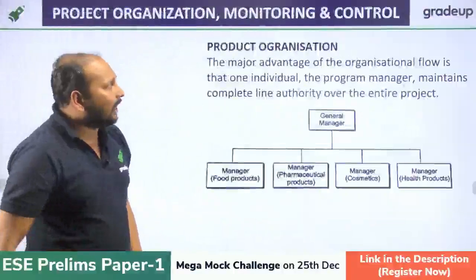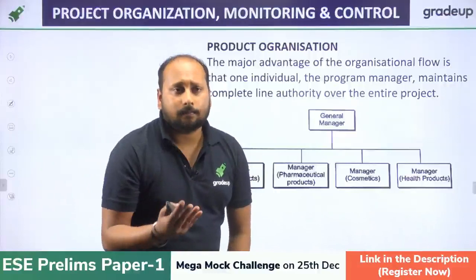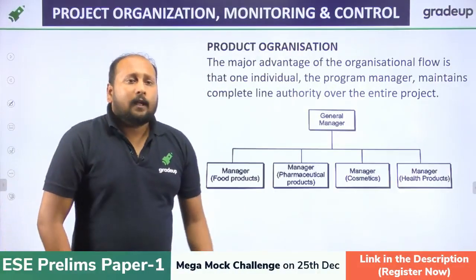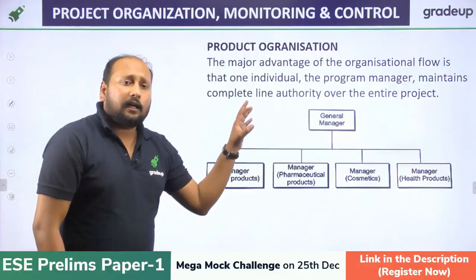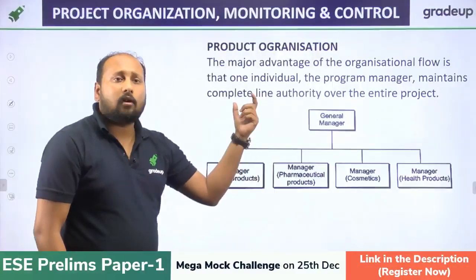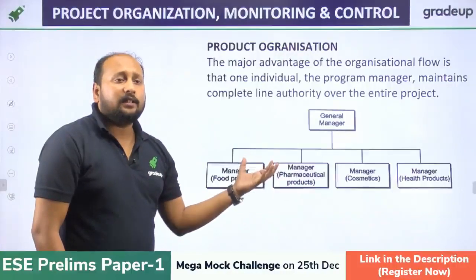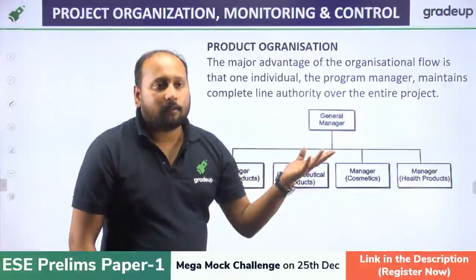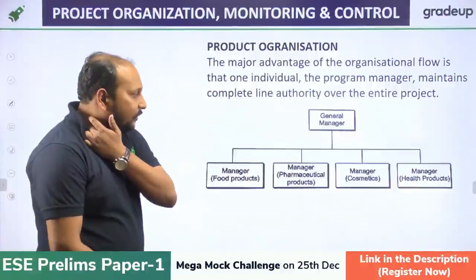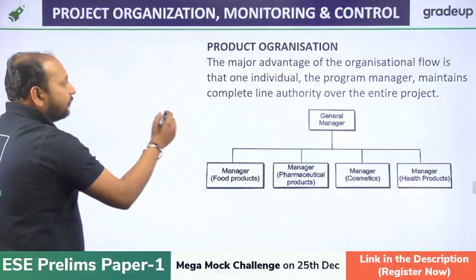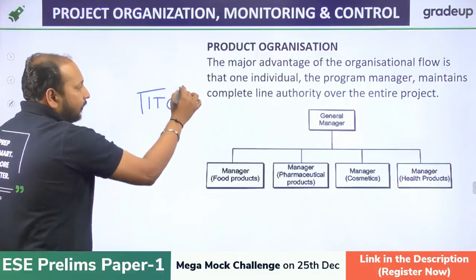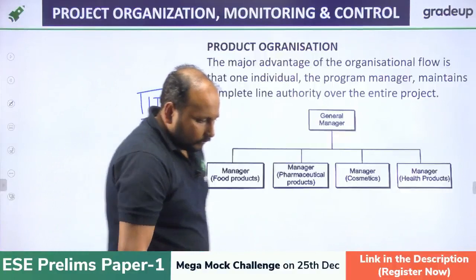If I talk about the second type of organization, this is called product based. In this type of organization, we have the bifurcation, the structuring of the managers on the basis of the products. For example, we have a multi-product company. Let us say we take ITC, Indian Tobacco Company.